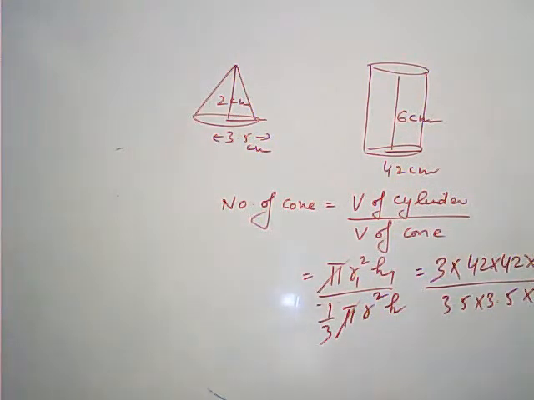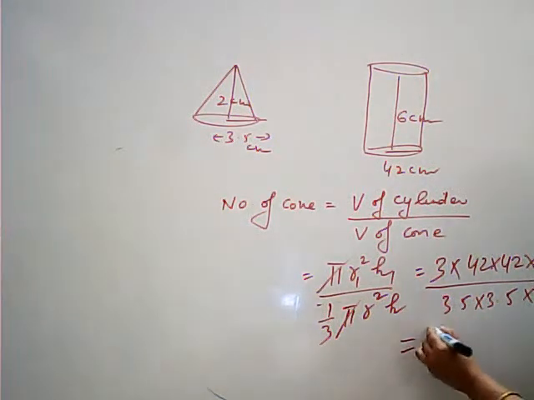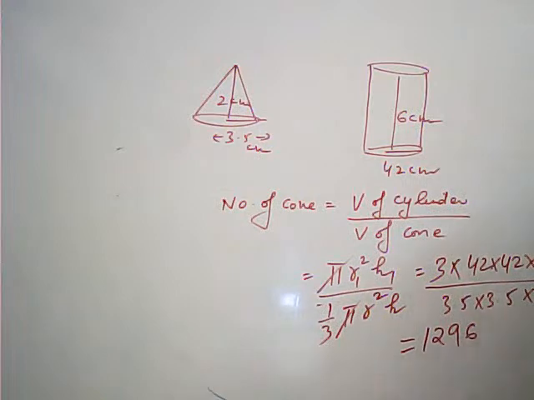Now solve it and get me the answer. Now I am getting the answer from Mita Mishra also, Sahil Preet also, Astik also, 1296. Yes, this 1296 is your correct answer.